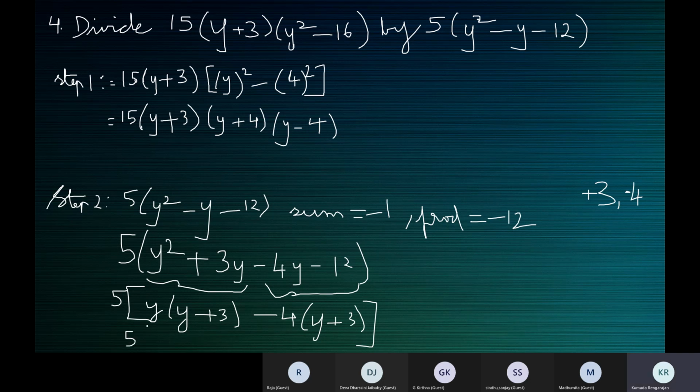So finally we have 5 into y plus 3 into y minus 4. Five into y plus 3 into y minus 4. Please ask me something that you don't understand, somewhere I'm not clear. Please tell me.